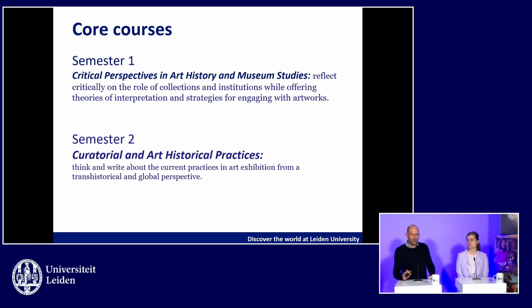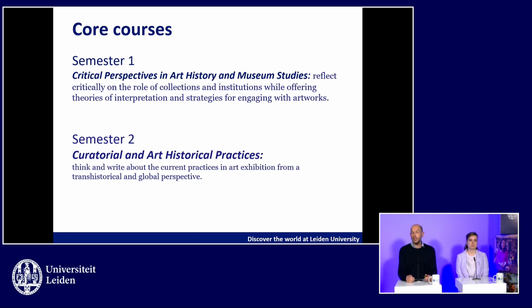So those two core courses, how do they work? That's the core course that everyone needs to follow. Now I'm teaching in that first core course, the critical perspectives in art history and museum studies. There we look at the most urgent ways of looking at art at this moment.